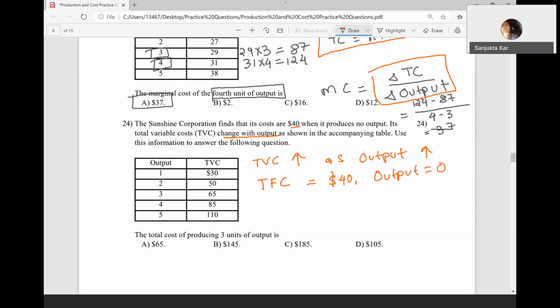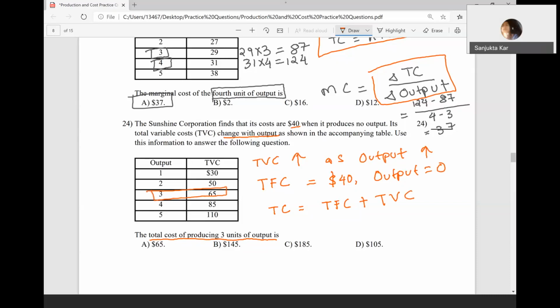Now the next thing they're asking here is, what is the total cost of producing 3 units of output? The total cost is equal to total fixed cost plus total variable cost.